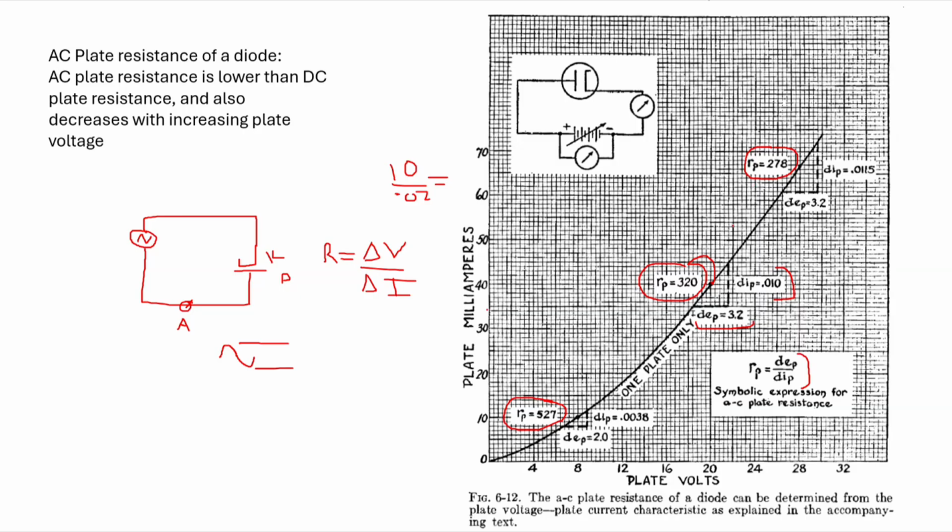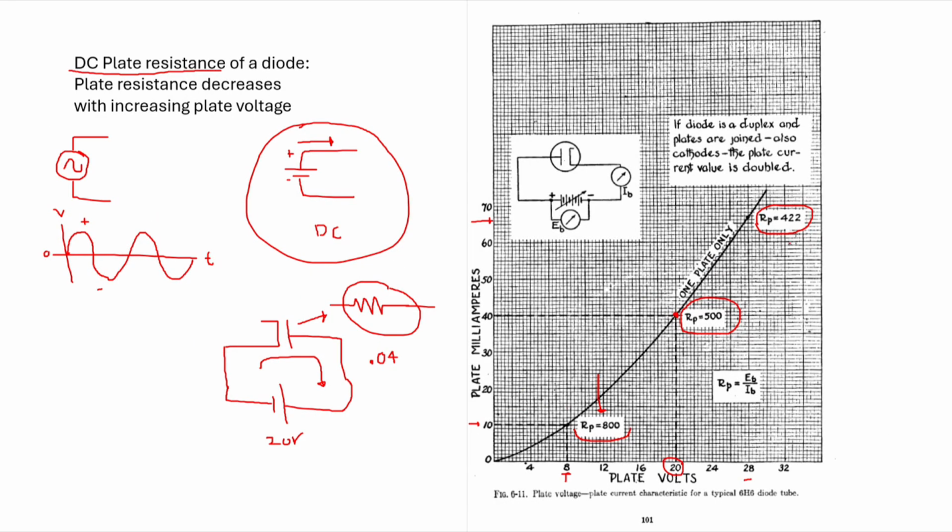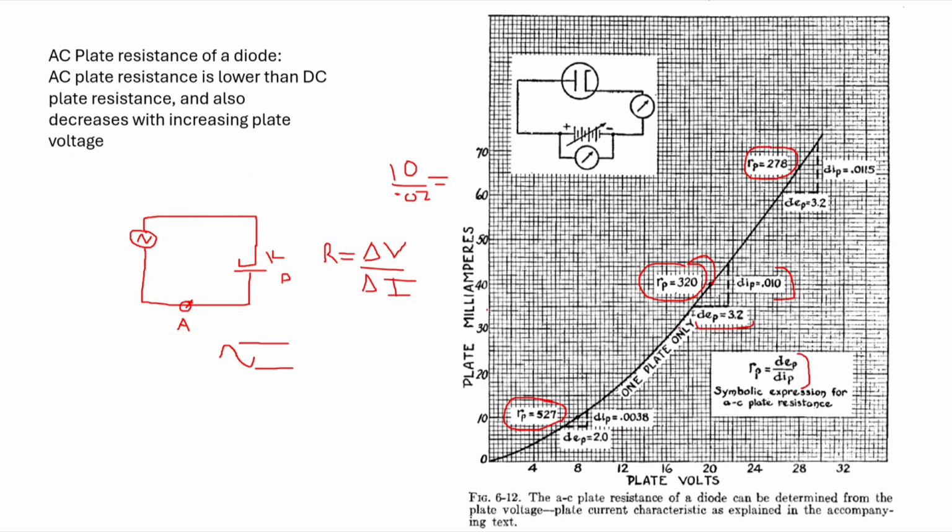However, look at these absolute numbers here: 278, 320, and 527 versus the DC numbers, 422, 500, and 800. AC resistance, or impedance, let's call it resistance, is lower than DC. That's just something to keep in mind. That's all I want to say about this right now. It's important to keep in mind.